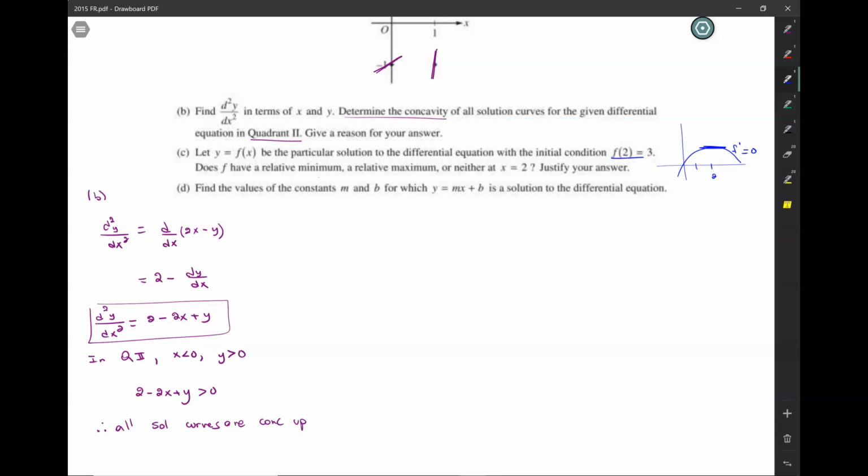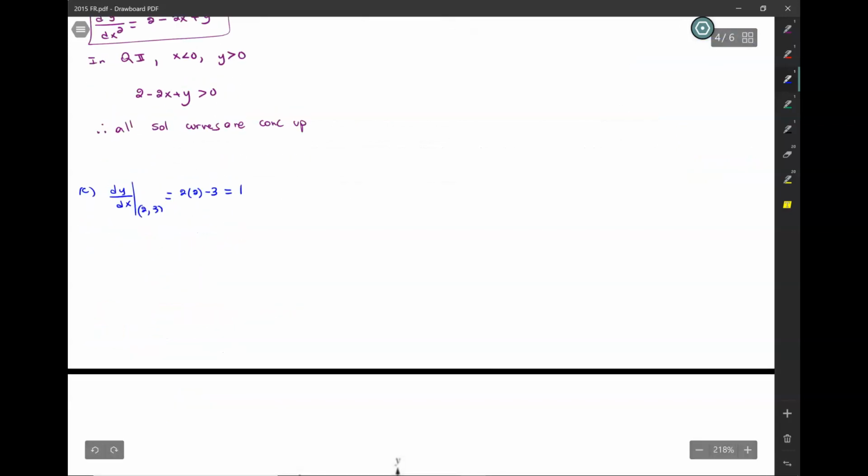So there is no minimum or maximum there. Does f have a relative minimum, maximum, or neither? Since dy/dx is not 0 at (2, 3), there is neither a min nor a max. Okay?